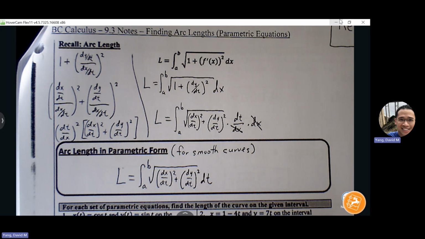So what if we were able to create common denominators and pull those pieces apart and break them into component form, into x component and y component form? We don't have to worry about a proof on the test, but I just want to show you that connection between this and the arc length in parametric form.